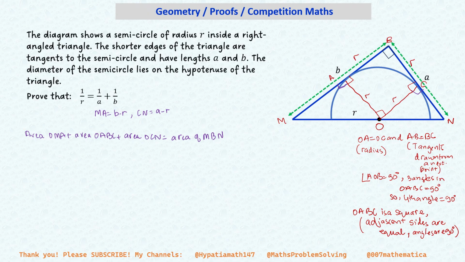Okay, but I think it's self-explanatory, so I will write the areas. Area of OMA is half times base times height.